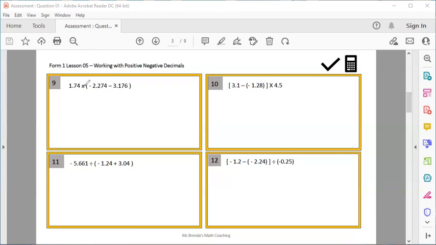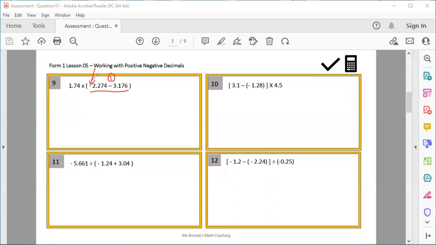You have 1.74 times, but there is a bracket. According to the rules of BODMAS, you must do what's in the bracket first. In the bracket we have negative 2.274 minus 3.176. So you open your calculator and find the answer for this first. For addition and subtraction, make sure you use the calculator's subtraction button.